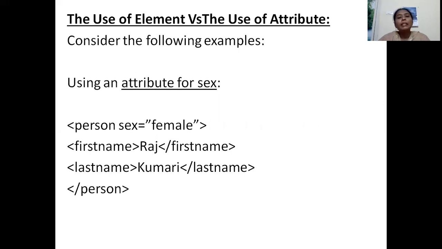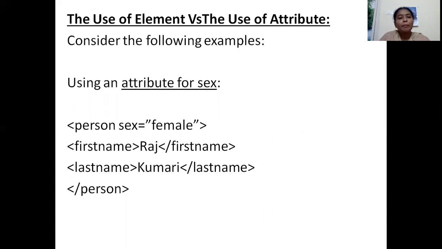Now let us see the use of element versus the use of attribute. This can be explained with an example. In this slide, I can explain how to declare an attribute with the help of an XML element.